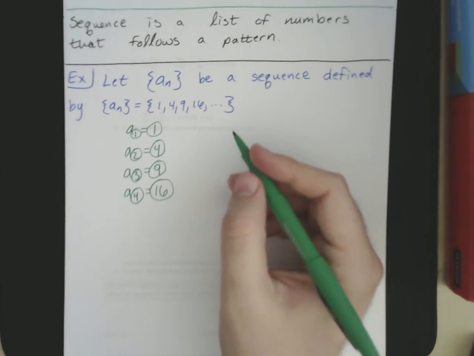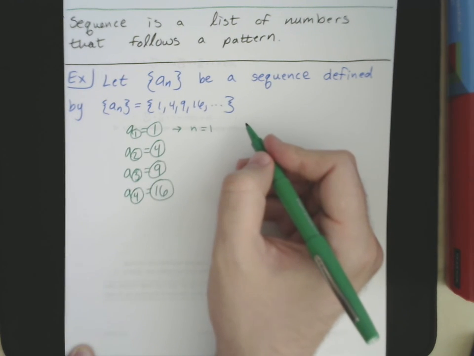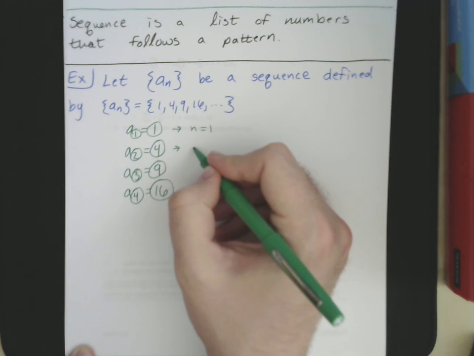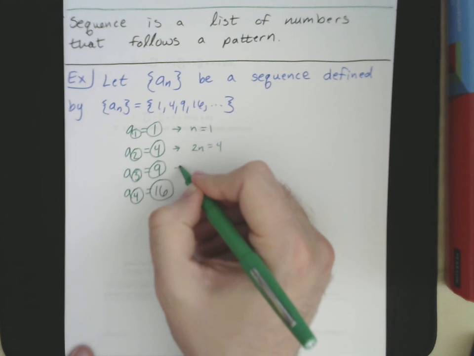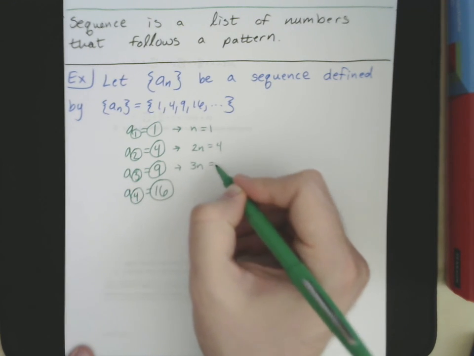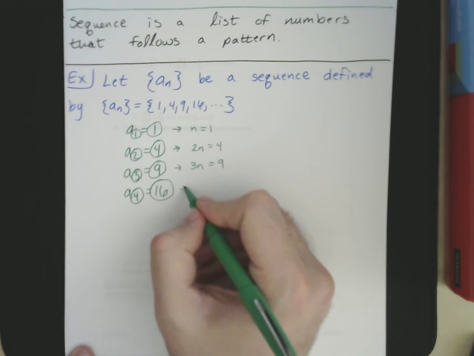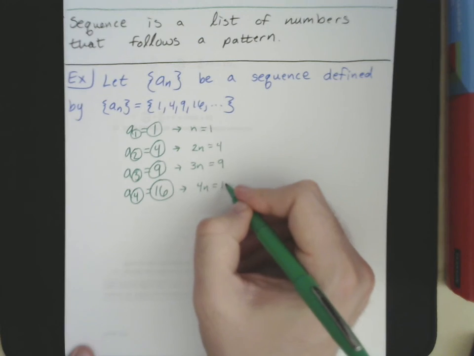So you may look at this and say, okay, well here n equals 1. Here we have 2n equals 4. Here we have 3n equals 9. And here we have 4n equals 16.